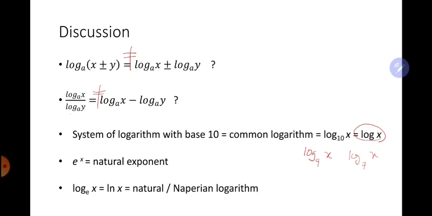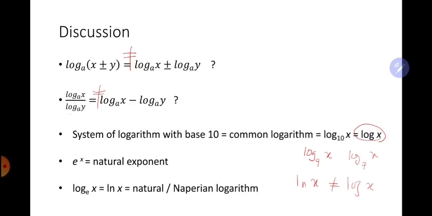Alright, you must also have seen people write ln x. Does ln x equal log x? The answer is not equal, because ln is actually the natural or Napierian logarithm. We usually write the natural logarithm as ln x. As I said, the natural logarithm actually comes from the natural exponent.